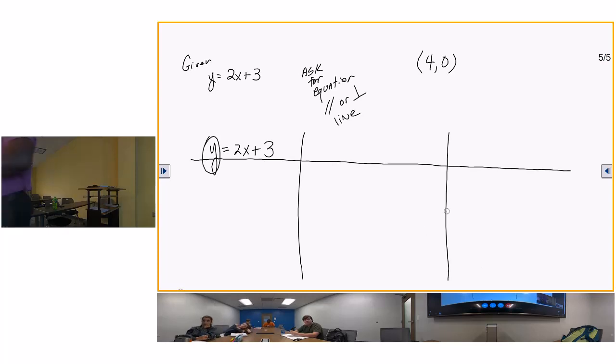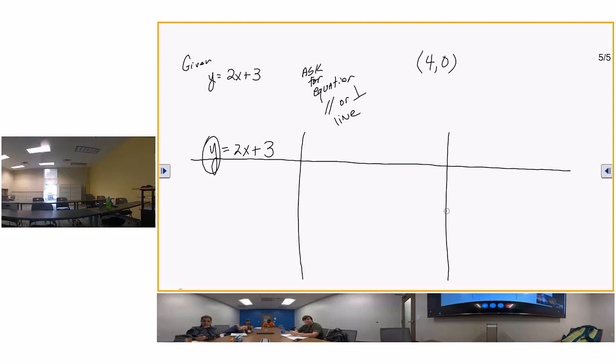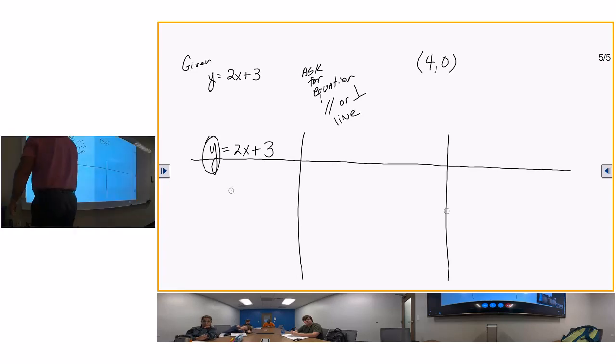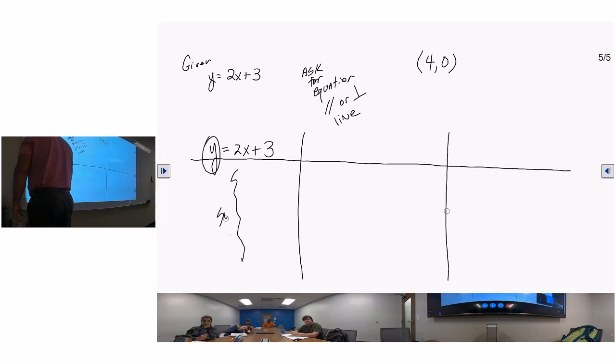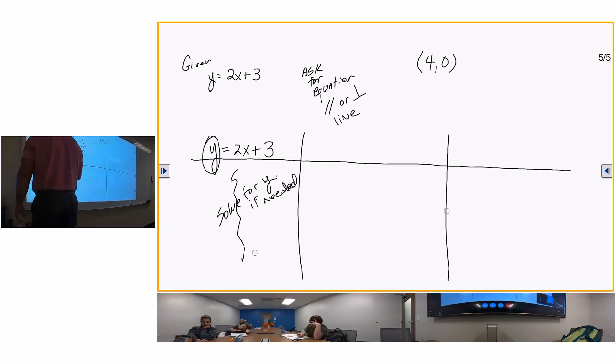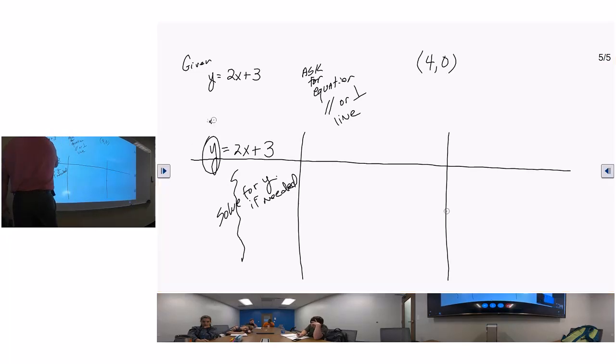Okay, so basically I'm going to put right here an arrow, and I'm going to put solve for y if needed. What I mean is you might have 2x plus 3y is equal to 6.